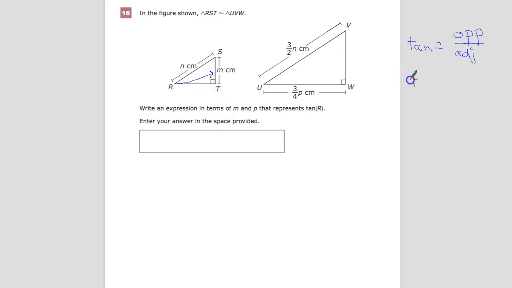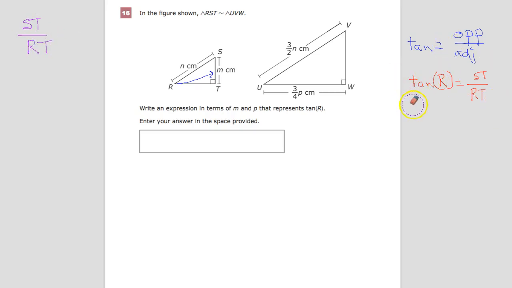So the tangent of R that I'm trying to create is equal to, and we'll just name them by the sides, ST over RT. And I'm going to put this over here as my ultimate goal. I want to make ST over RT.